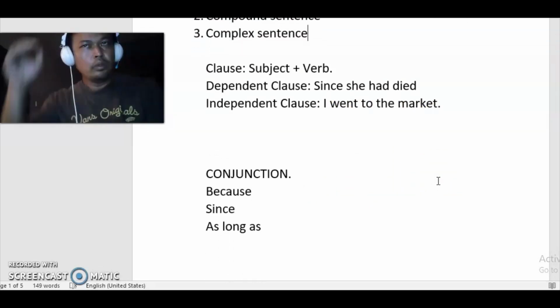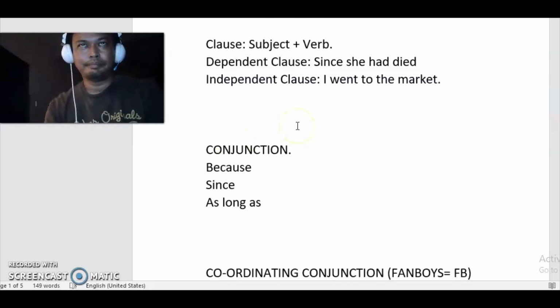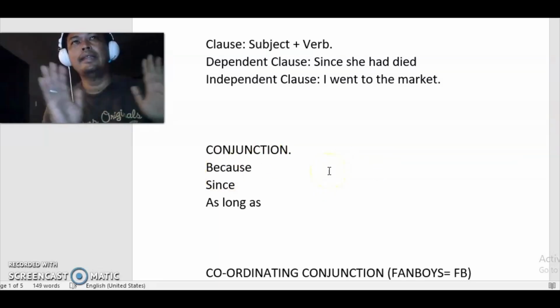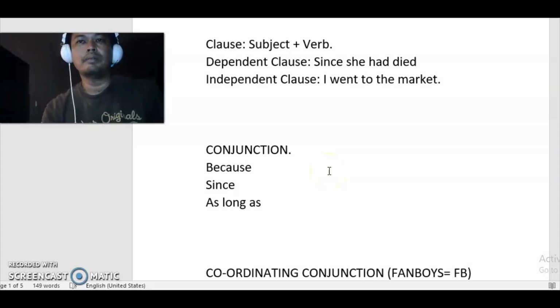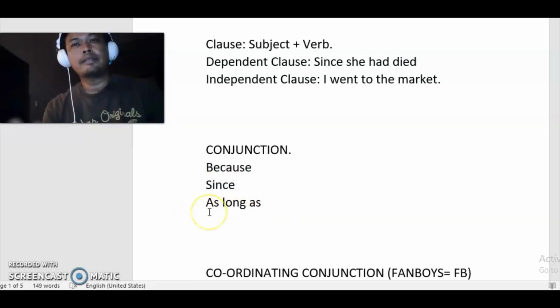So today I'm going to expose you to what a conjunction is. A conjunction is something that you have probably heard of, something that combines two sentences together. For example, here we have because and we have since. It is not necessarily a single word.